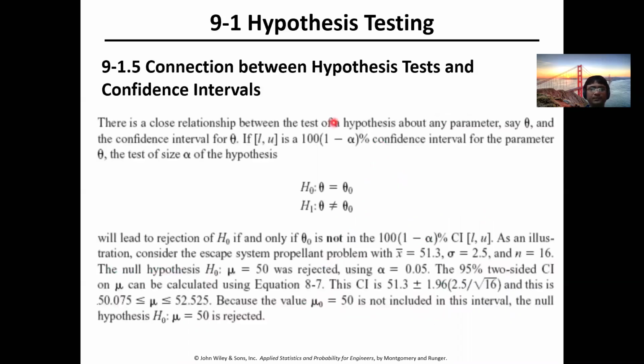There is a connection between hypothesis testing and confidence interval. Please note down the fact that a 95% confidence level implies 5% critical.